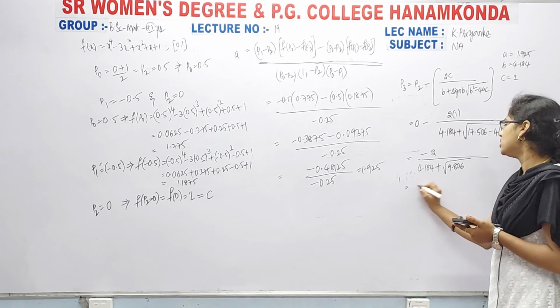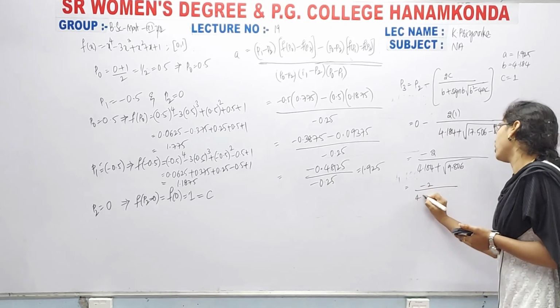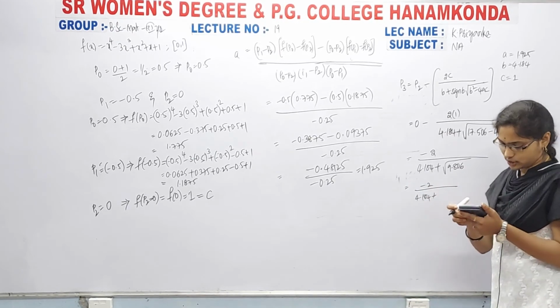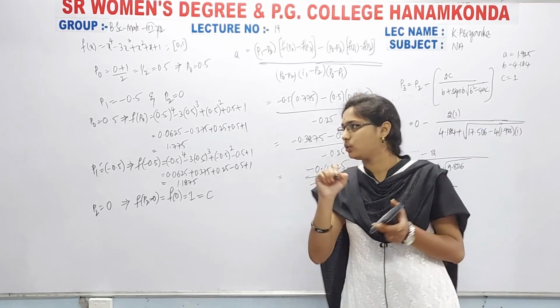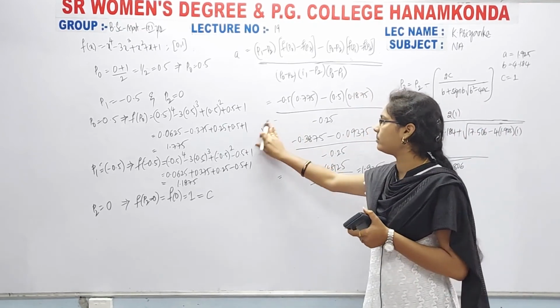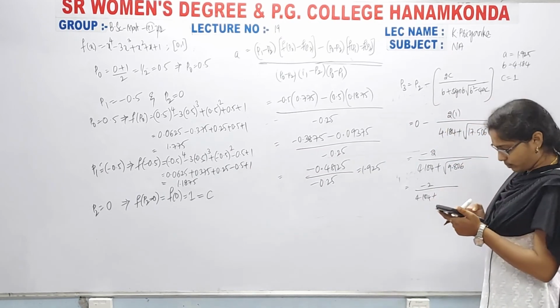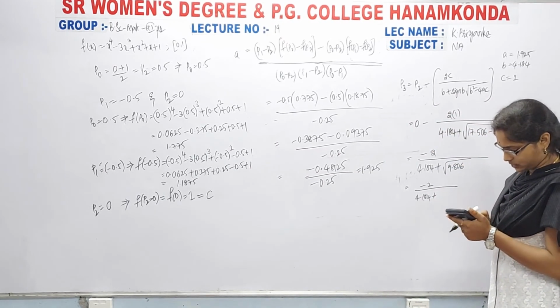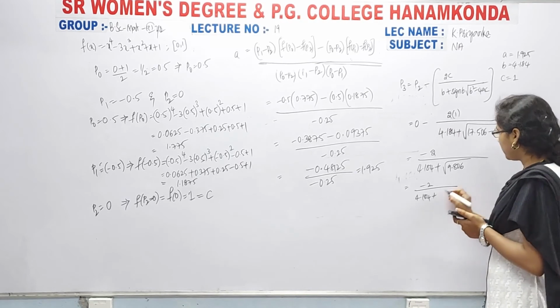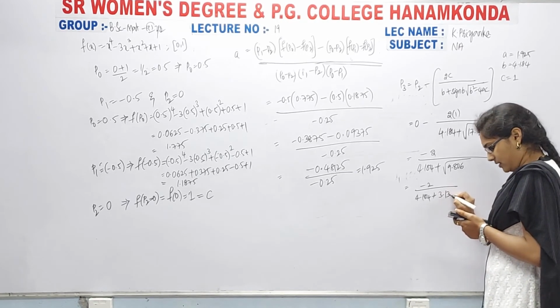Okay. So now minus 2 by 4.184 plus, in your calculator you have the root button. Just press that one, open bracket, 9.806, close bracket, 3.13145.